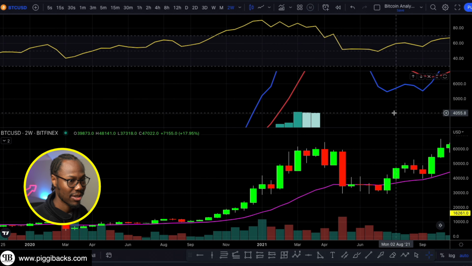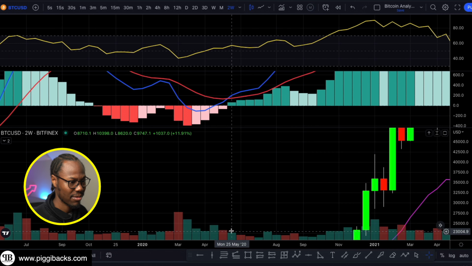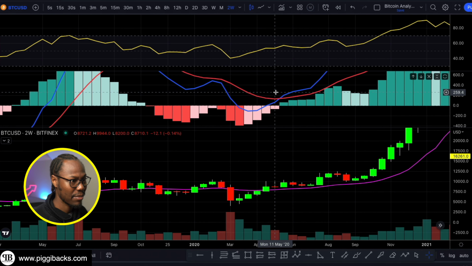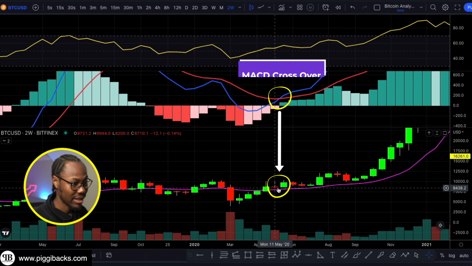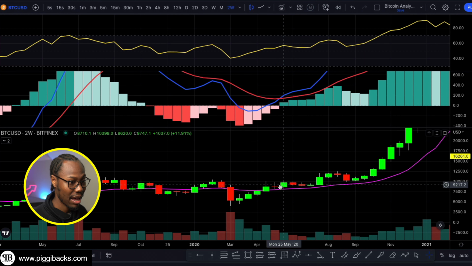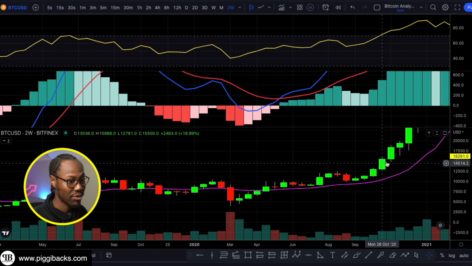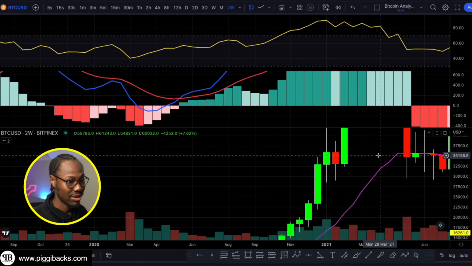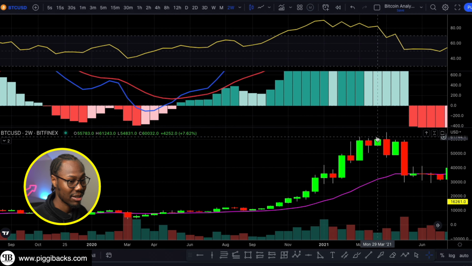If I zoom this in and also zoom the chart, you can see that Bitcoin had its crossover right here and the price was above the 21 EMA on a 2-week time frame, and after that Bitcoin started an uptrend and the bull run happened where it just went parabolic up until April 2021.